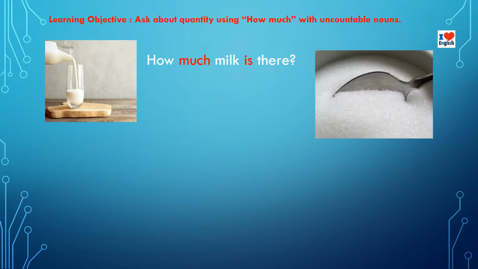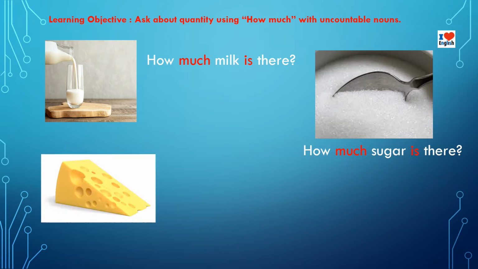How much sugar is there? Sugar also is an uncountable noun, and we use much to ask about quantity, and also is in the singular form. How much cheese is there? Now this time all these nouns are uncountable nouns, so we can't count them. They are not separate objects.